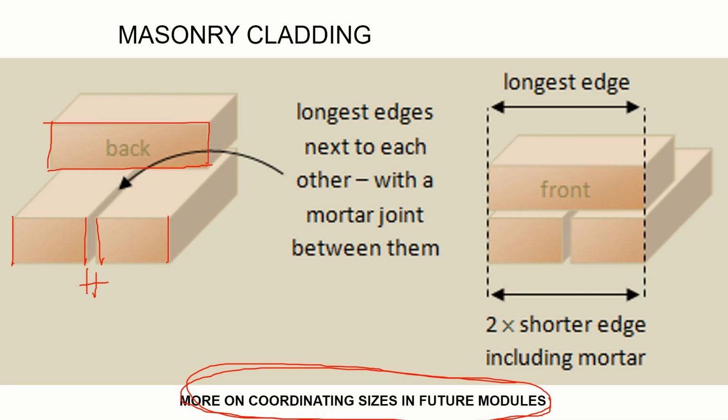And this is called coordinating sizes. So you can lay out a whole building based on that fact. Mortar joints are usually 10 millimeters wide, and that's a kind of standard size. And a brick is a set size, so we get 102.5 across the width, and the length is 215. So 102.5 plus 102.5 plus 10 equals 215.